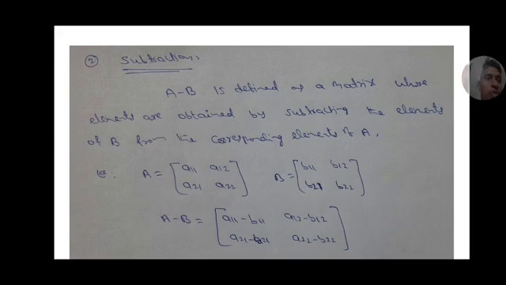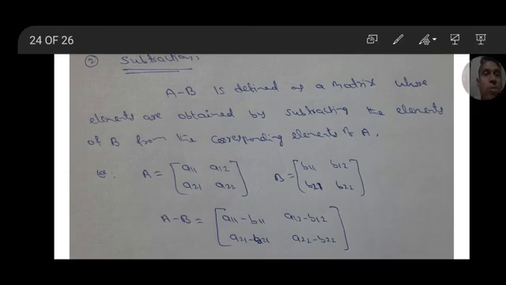subtraction. A minus B is defined as a matrix whose elements are obtained by subtracting elements of B from the corresponding elements of A. A is a11, a12, a21, a22, a 2 by 2 matrix. B is b11, b12, b21, b22, also 2 by 2.